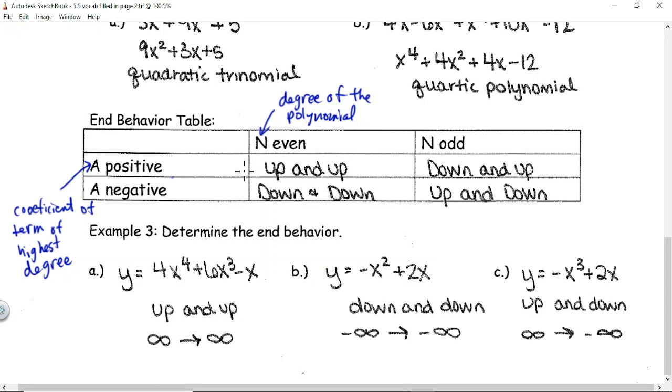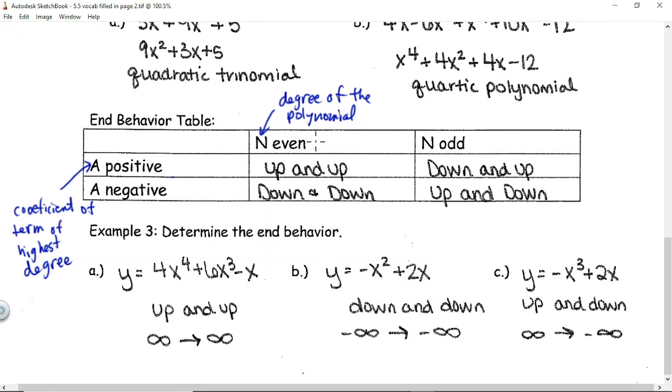Notice that when n is even, the graph goes the same direction, either up or down, when you go left or right. That's like a parabola, for example. It might open up and it might open down, but it has n even.